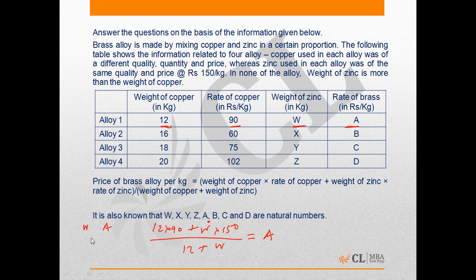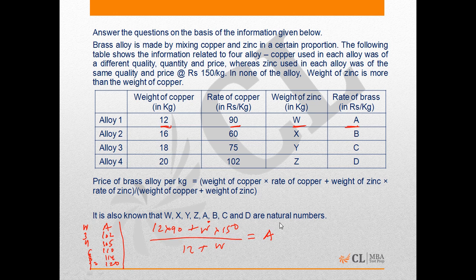So the possible values of W for which A is a natural number are 3, 4, 6, 8, 12, and the corresponding values of A are 102, 105, 110, 114 and 120.